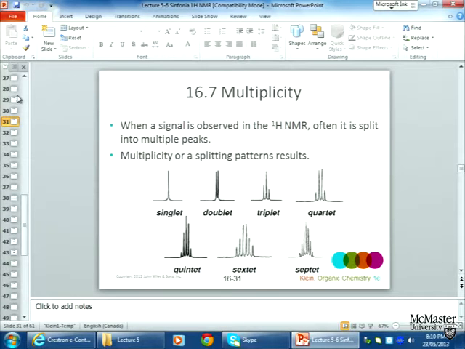In determining a structure, we don't just need to know that it's got 5 methyl groups, but we want to know what those methyl groups are connected to, what the connectivity pattern is. Is a methyl group connected to a CH, or is it connected to a CH2, for example? Or is it connected to a quaternary carbon where there are no hydrogens on the neighboring carbons?